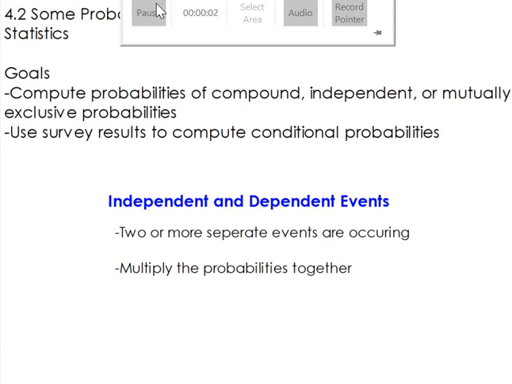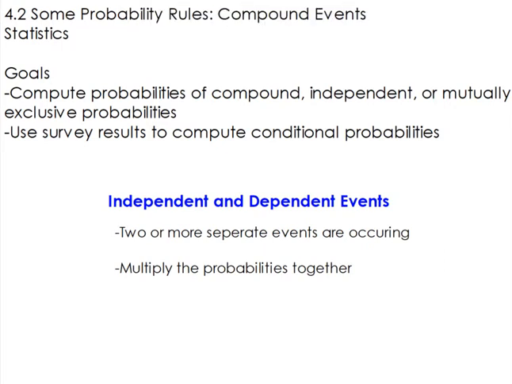All right, 4.2, some probability rules. We're talking about, or rather not conditional probabilities, but compound events. A compound event is, unlike the previous probabilities, one in which there are multiple things going on. One compound event would be the independent versus dependent events.